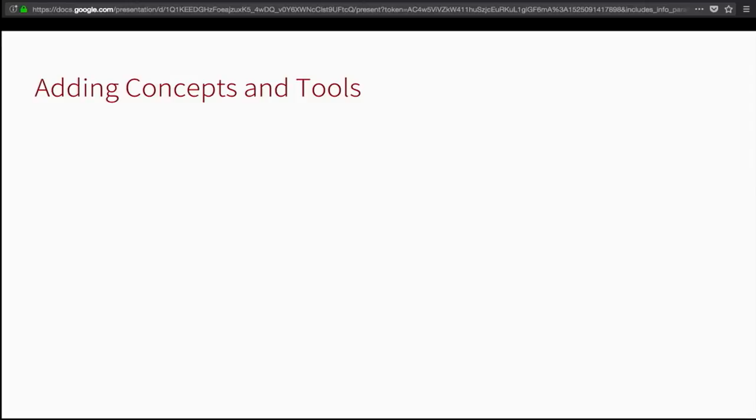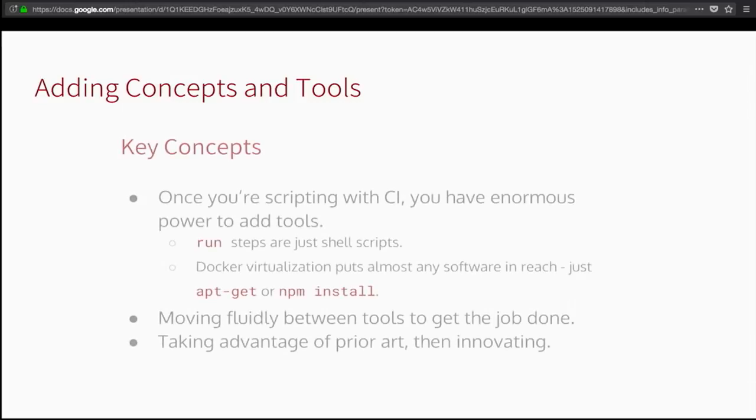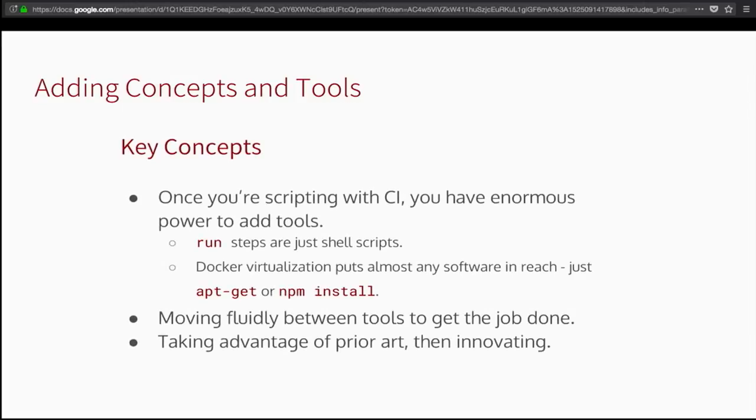But the overall concept that I want to emphasize is that once we are scripting with CI, we have the power to build in all of these additional tools, whole tool chains, workflows, analysis products, many of which are very common in other development environments, but that we haven't always been able to use effectively on Salesforce.